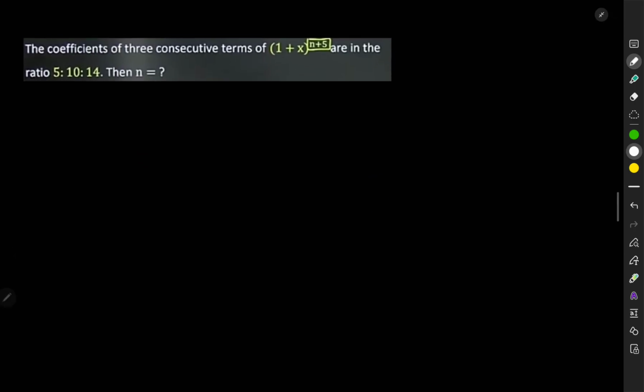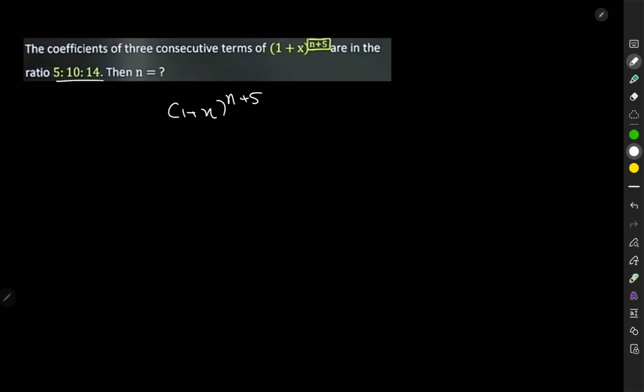The next question: the coefficients of 3 consecutive terms of 1 plus x to the power n plus 5 are in the ratio. Simply I can use the same concept.